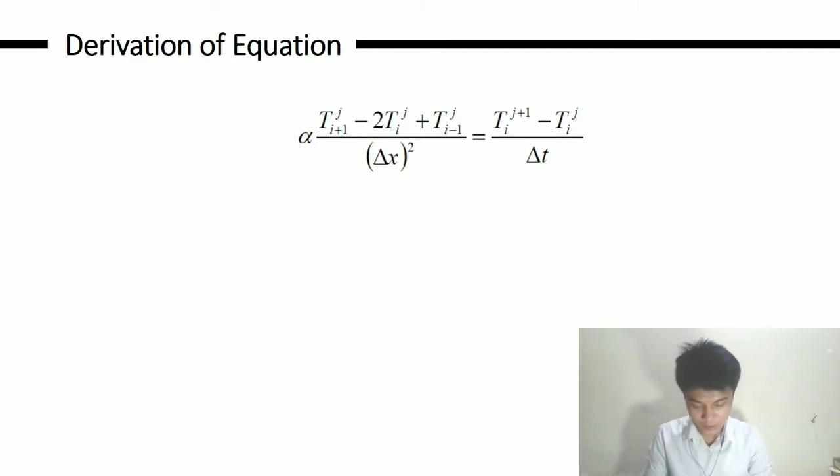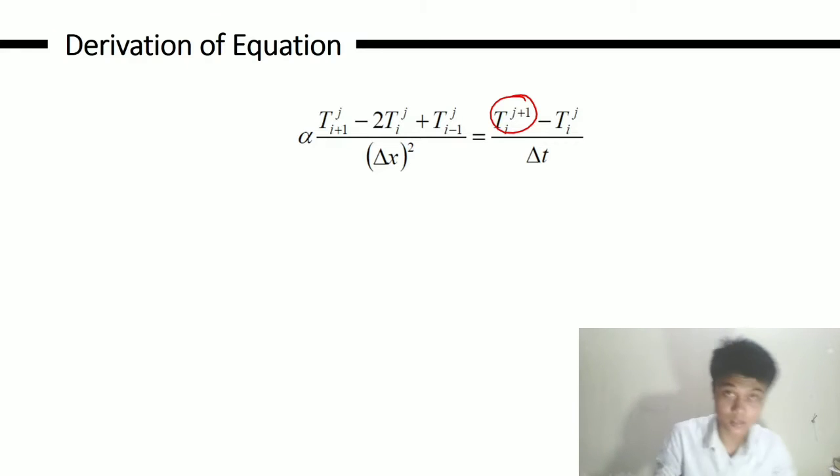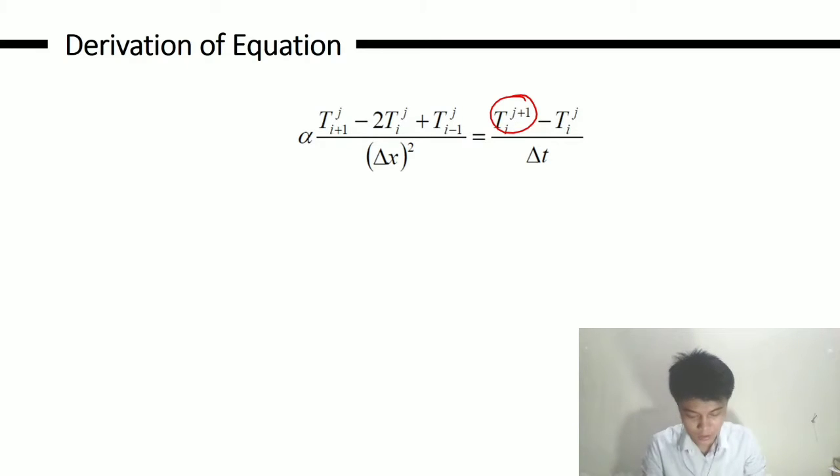Now, we're going to find this specific variable niya. So, this is the temperature na current. Yung J plus 1 sa taas, denote niya na ito yung current. We're going to find the temperature of the current based on the past. So, yung J, this is the past time. Lahat ng J's na ito. So, we're going to find the current.